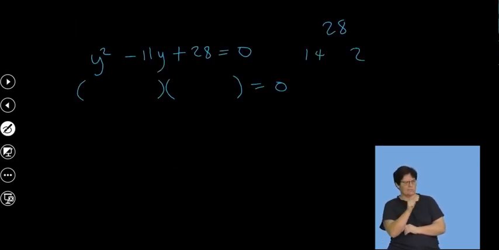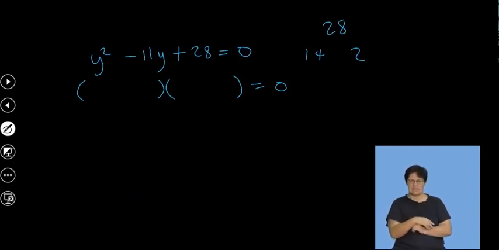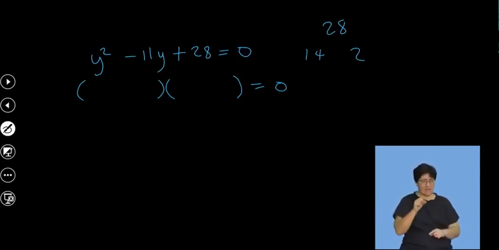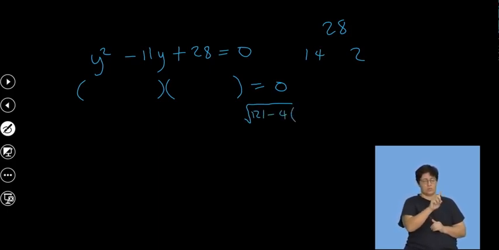So you can see then, if you are not able to find your factors, you just go to the quadratic equation, right? So quickly, I'm just going to test this quickly. This is going to be 121 minus 4 into 28, right?